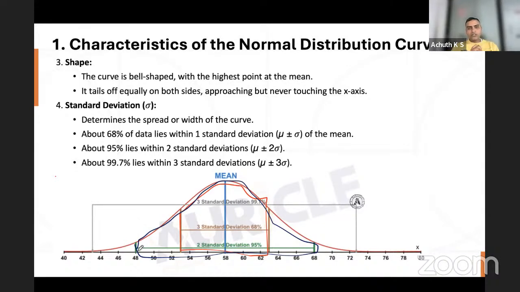For example, if you say that the mean of my data is x plus two standard deviation, that means you have considered 95% of the data. When you say it is one standard deviation, you are considering only 68% of the data. If you say that three standard deviations, then you are considering 99% of the data, that is almost 100%.